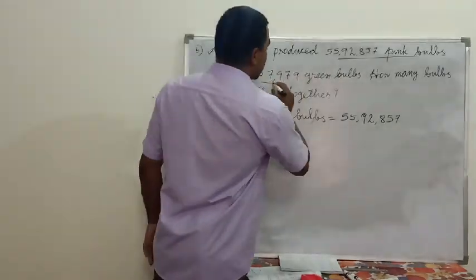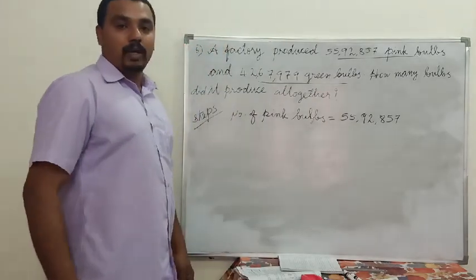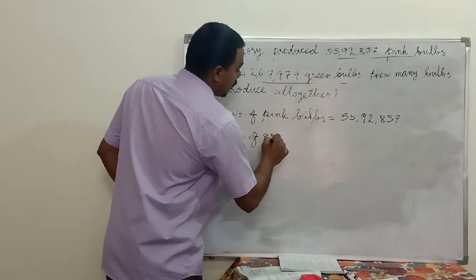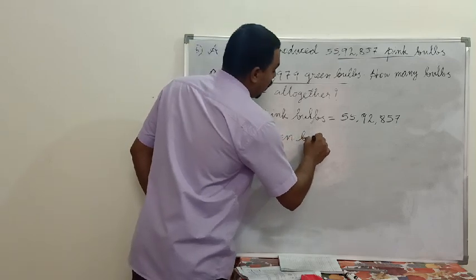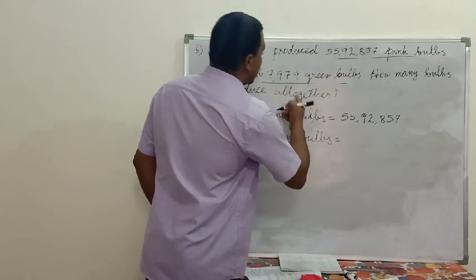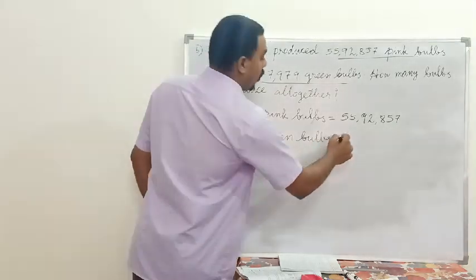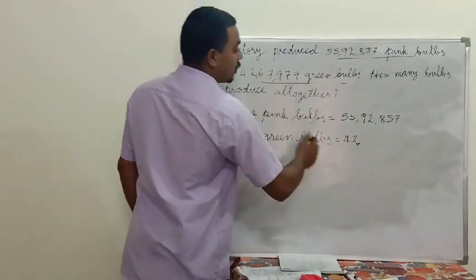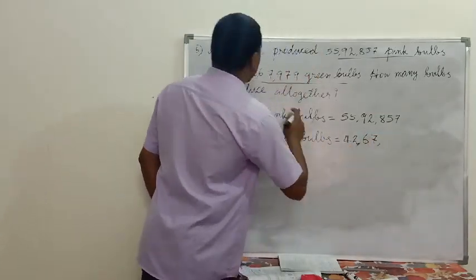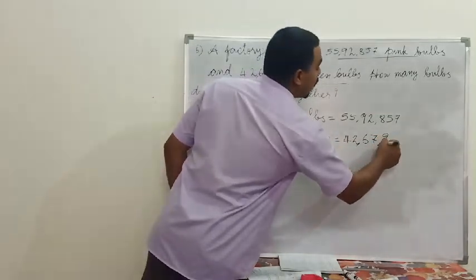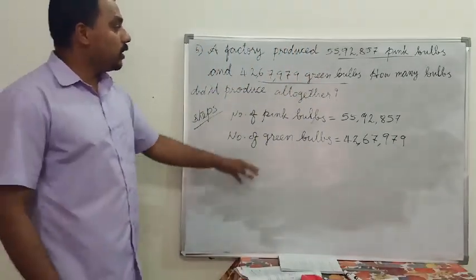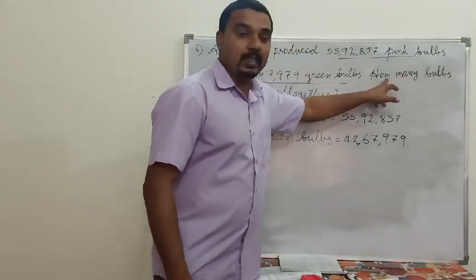So this will be the next step, right? Number of green bulbs is equal to how much? 42 lakh 67,979.